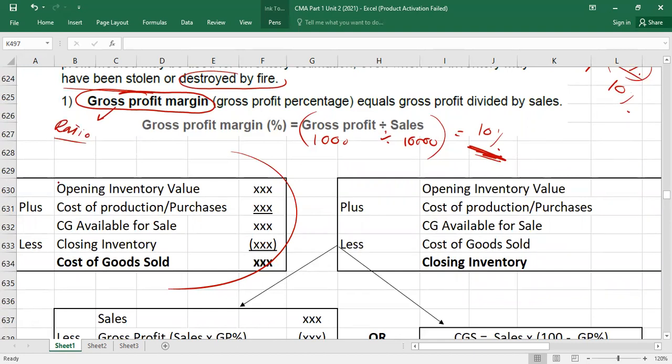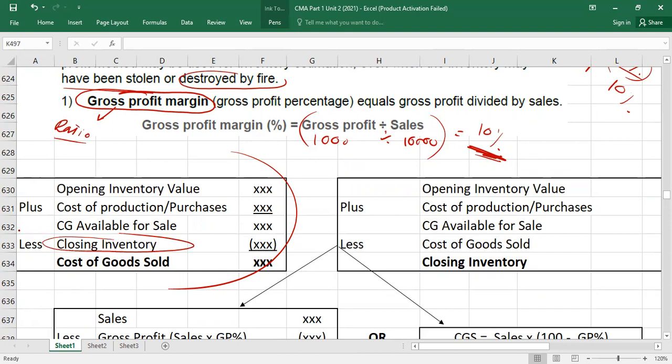Mostly we have opening inventory. We add purchases or cost of production. This is called cost of goods available for sale, or ignore this value if you don't want. Deduct closing inventory. This is equal to cost of goods sold. But which value do we want to estimate? Cost of goods sold or closing inventory?